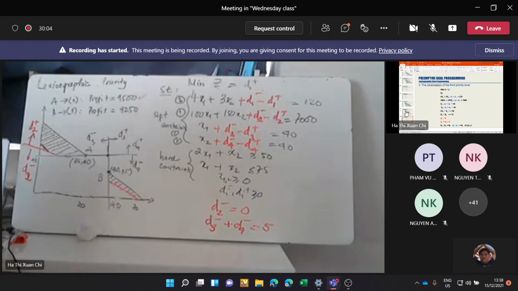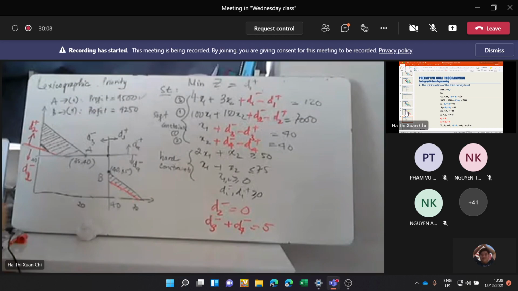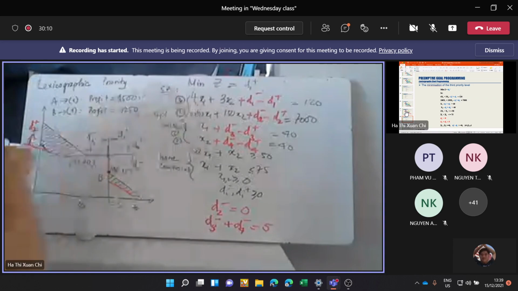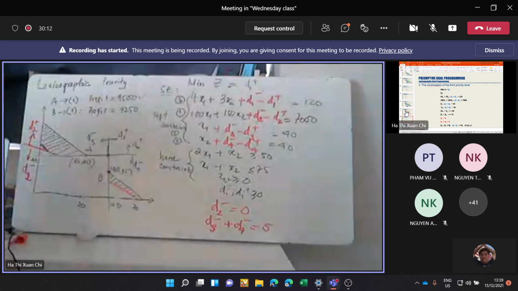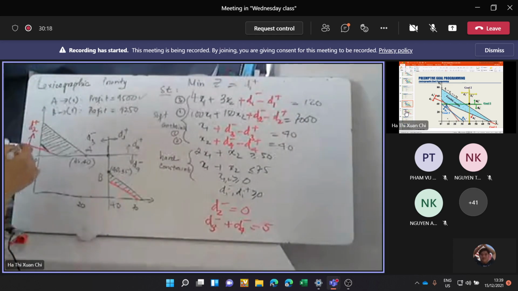And for goal 3, that is the goal tree, everyone. So I draw the goal tree like this.